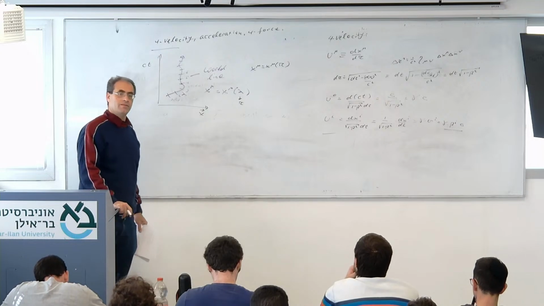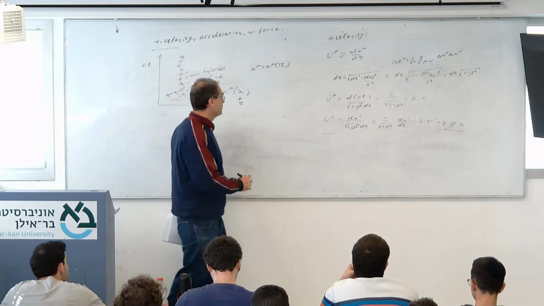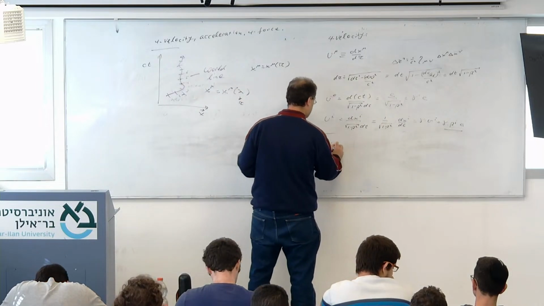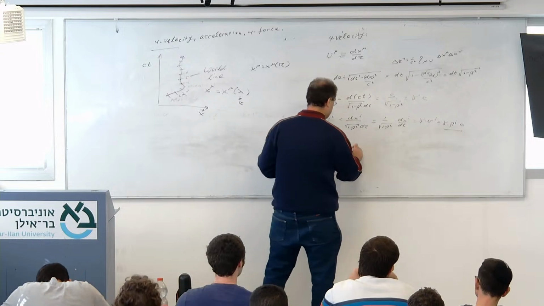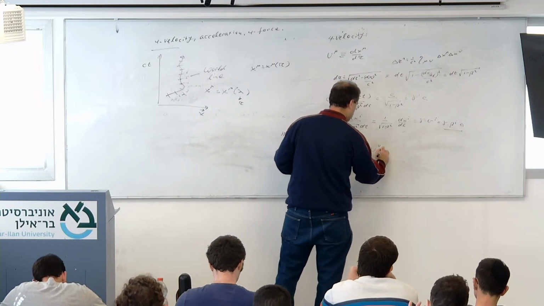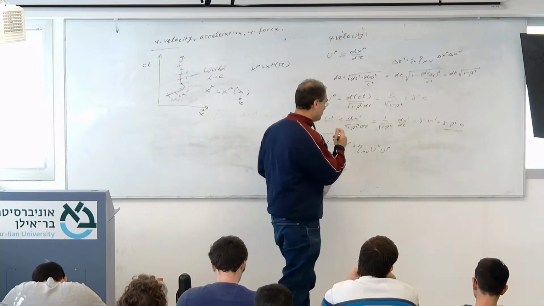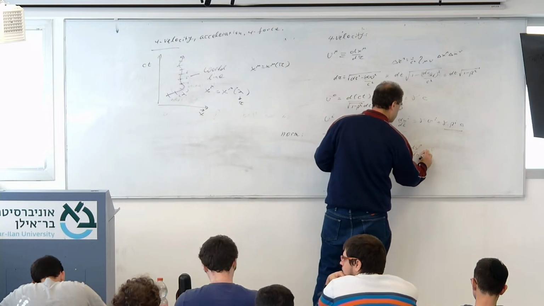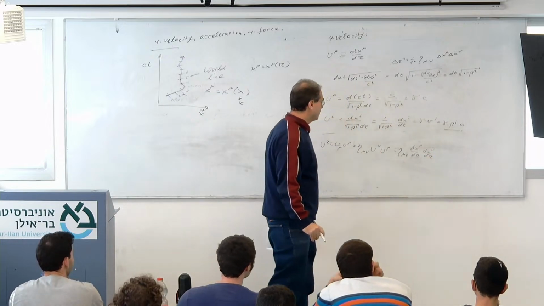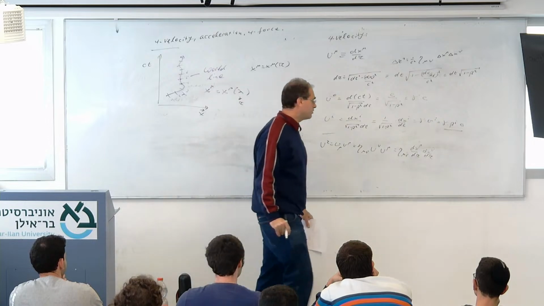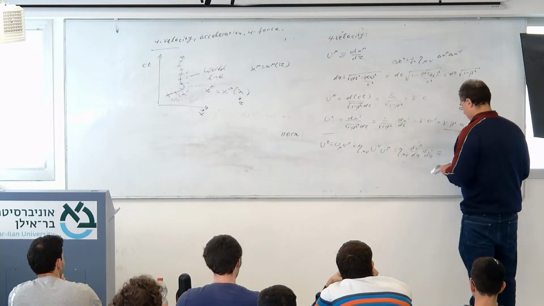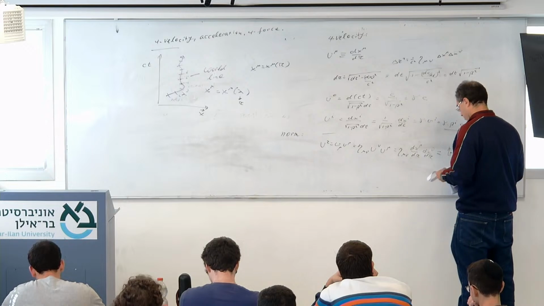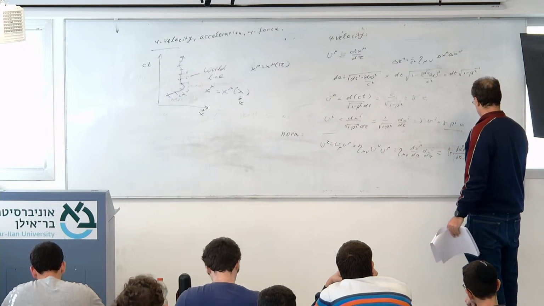What is the norm of the four-velocity? It's a four-vector, so it has a norm. u² is η_μν dx^μ over dτ, dx^ν over dτ, which, very bluntly and mathematically incorrectly, I would simply write as dx over dτ squared, which is just c².